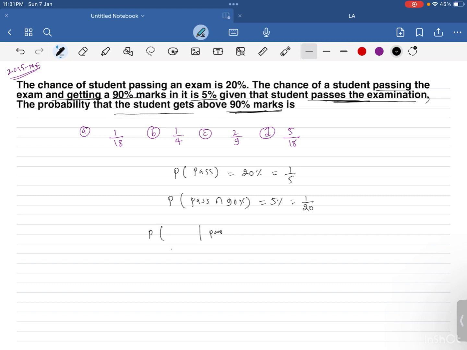That would be equal to the probability of the intersection, that is 1 divided by 20, divided by the probability that he passes the exam, that is 1 divided by 5, so it will be 5 divided by 20, that is 1 divided by 4. So the correct answer is B.